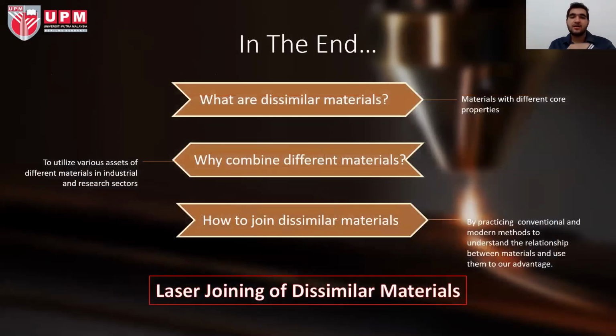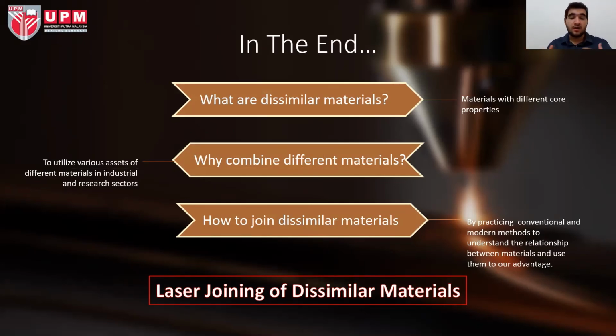With that said, we're just going to have a quick recap of what just happened. First we talked about what dissimilar materials are and how we can identify them. Then we went to a question of why we should actually combine these different materials, since they're quite difficult to join, but we found a really great purpose for them, not only on an industrial level, but on a scientific and research level as well.